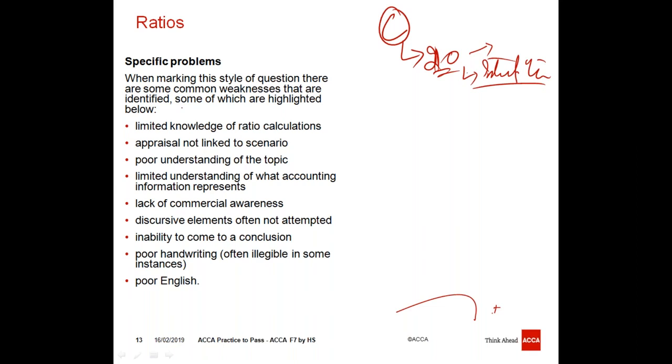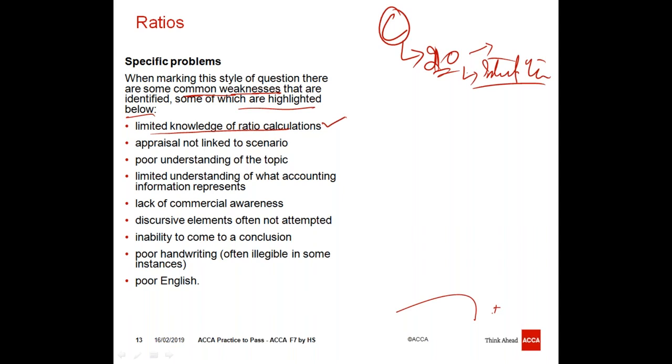The examiner's feedback said that when marking this style of question, there are some common weaknesses identified, some of which are highlighted below. Limited knowledge of the ratio calculations. This is the part that you have to do by yourself. At least try to write four to five formulas of the ratios on a daily basis.